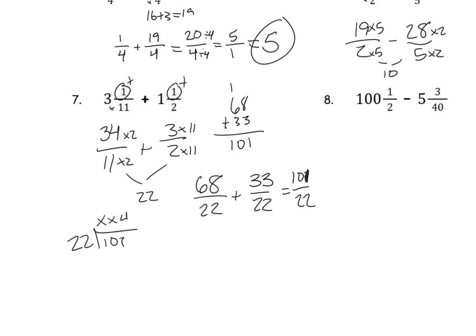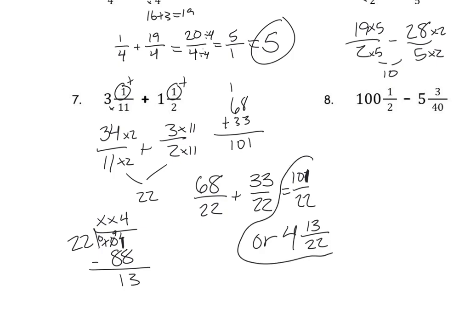Goes in 4 times. And then we take out 88. Gotta borrow all the way up from over here. That'd be 3, 1. I'm gonna get an answer of 4 and 13/22. So either one of those work.